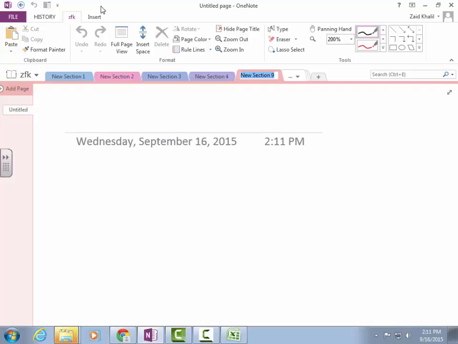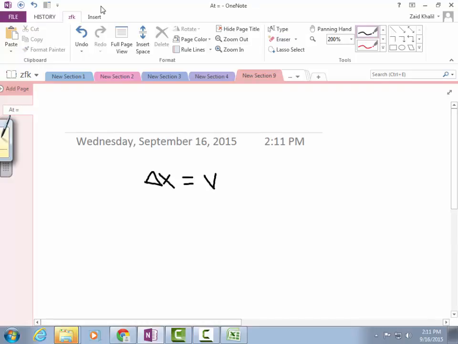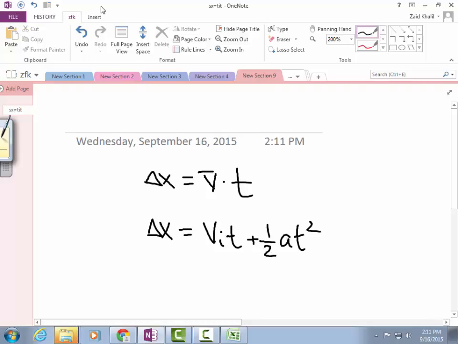So, going back to my question. So we have delta x, right? This is what you're used to before accelerated motion.